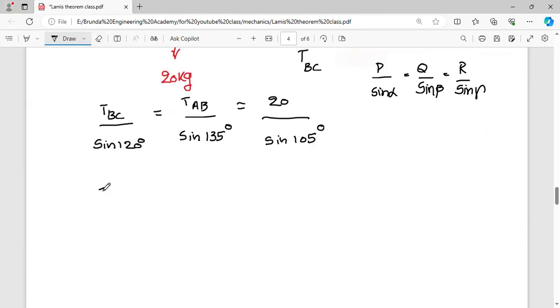Now from this we can write TBC by sine 120 degrees equal to 20 by sine 105 degrees.